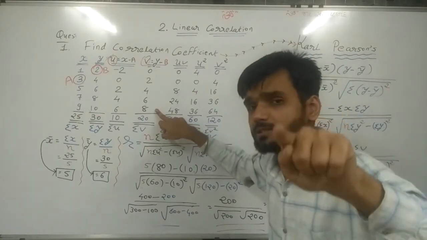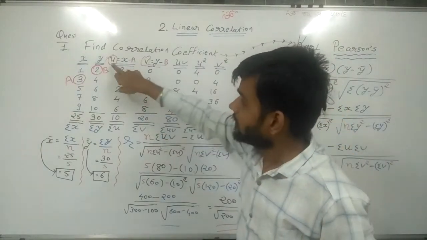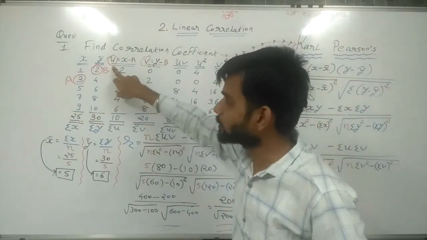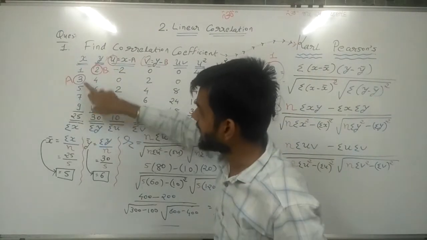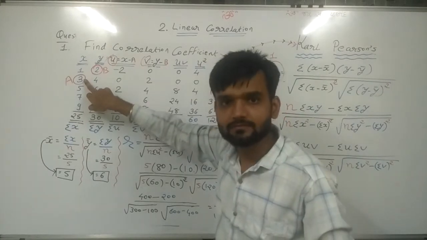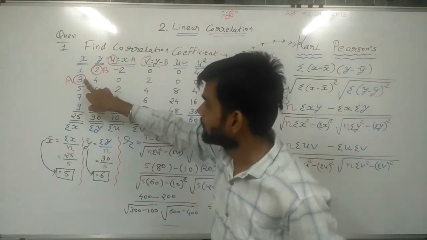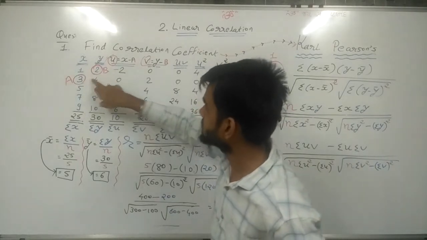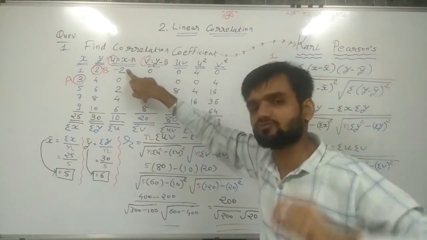And in the first step, when I find u, what would be the situation? From x I have deducted 3. From all the values of x we have deducted 3. Then 1 minus 3, the answer is negative, minus 2.